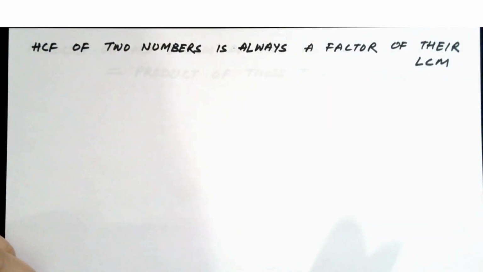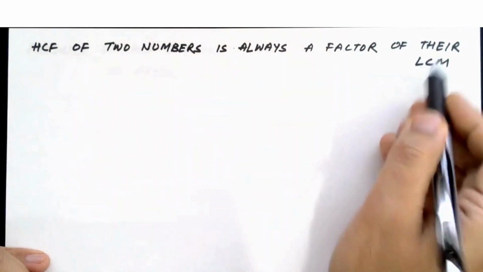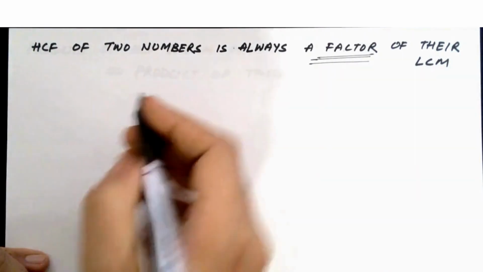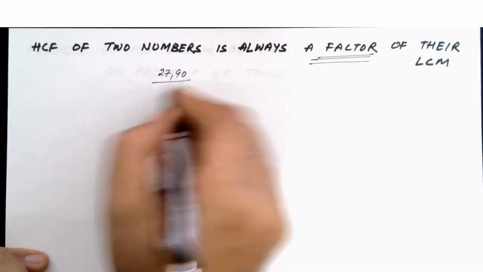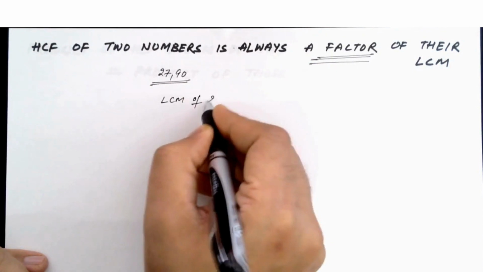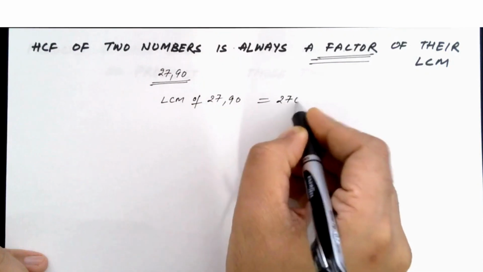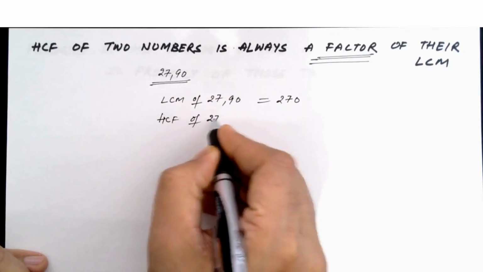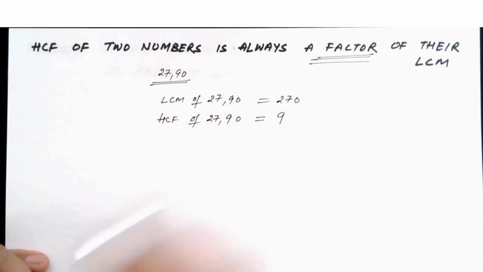Now the next property is that the HCF of two numbers is always a factor of their LCM. So for factor, you have to take this concept. Let's take the example of 27 and 90. The LCM of 27 and 90 came out to be 270. The HCF of 27 and 90 came out to be 9.